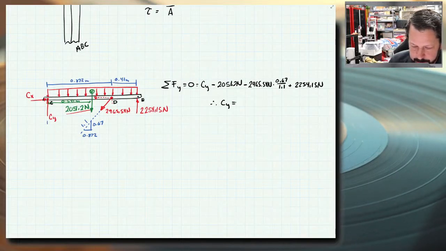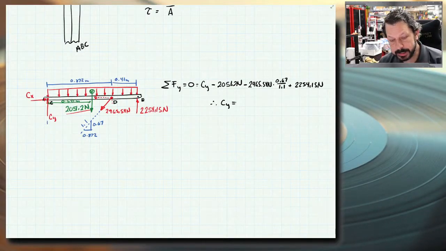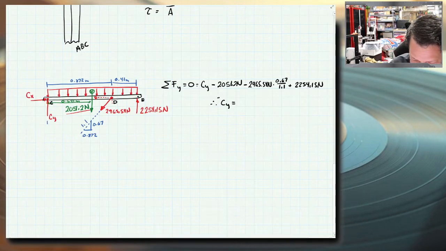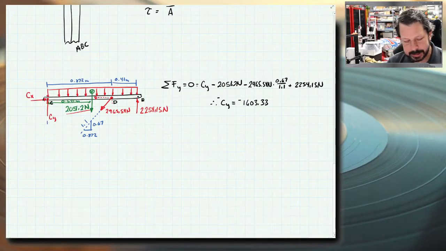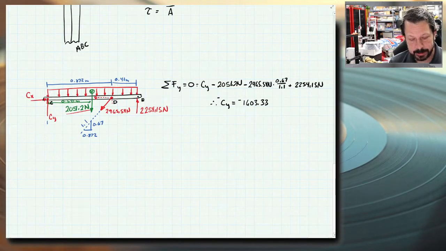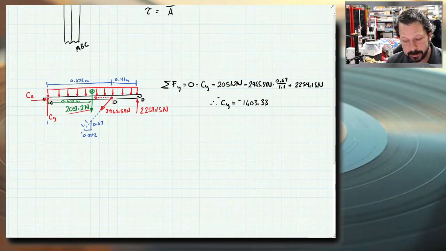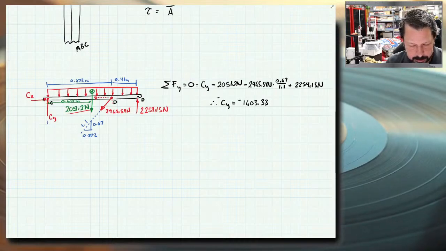So I end up with CY. When I move CY to the other side, it becomes negative also. Negative CY equals negative 1603.33. I could have looked at this diagram, since I knew that BD is in the correct orientation, and assumed CY is drawn correctly, though it could be that it would have to pull down or do some other thing.